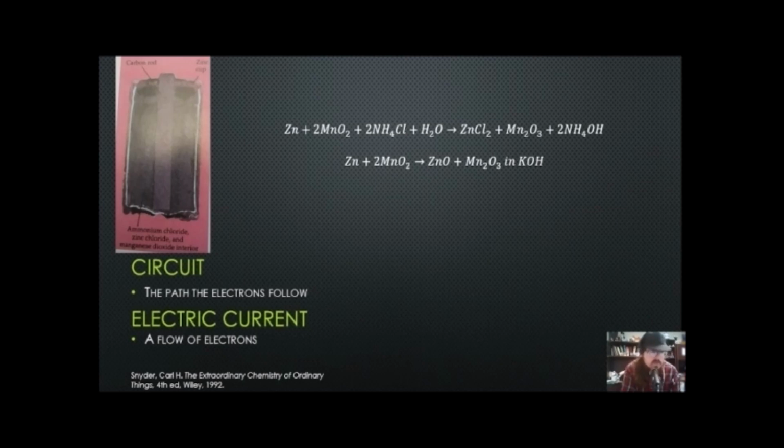Now this works reasonably well. However, the ammonium chloride will eventually dissolve its way out of the container and will react with the zinc. And so these actually have a very short shelf life.